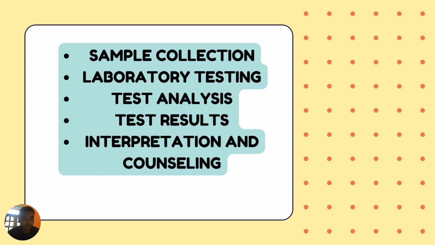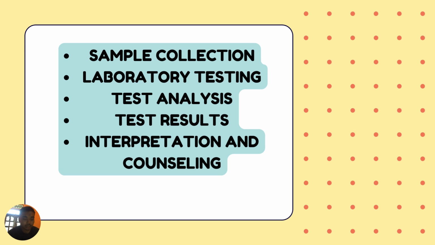Next is test result. Once the analysis is complete, the test results are generated. The result may indicate whether the person has antibodies against the infection or disease being tested for. A positive result suggests past exposure or immunity, while a negative result indicates the absence of antibodies.